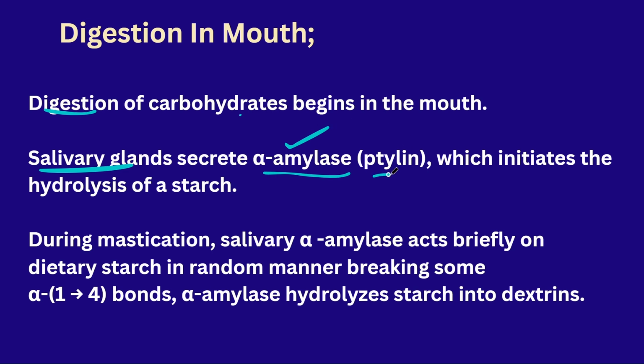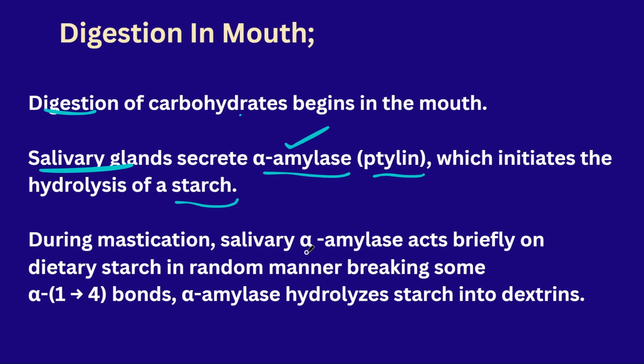This enzyme is also called ptyalin. This will help to hydrolyze the starch. The starch has to be digested by the enzyme called alpha amylase. This enzyme name is very important. It can be asked in competitive exams.